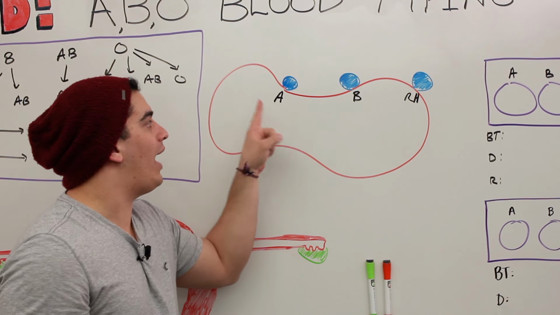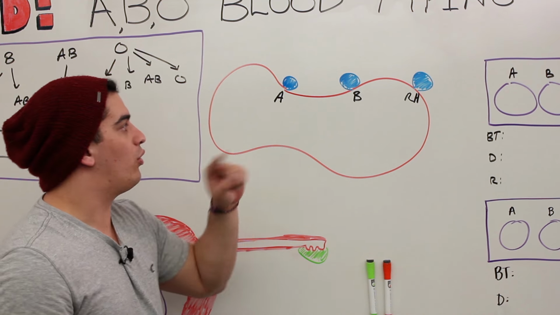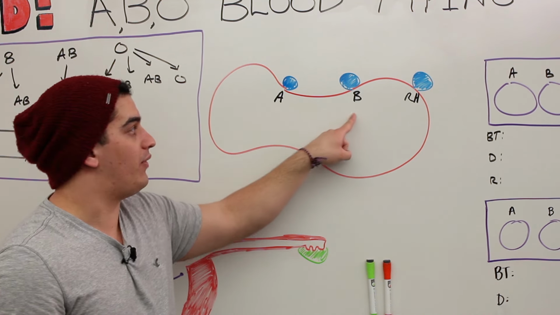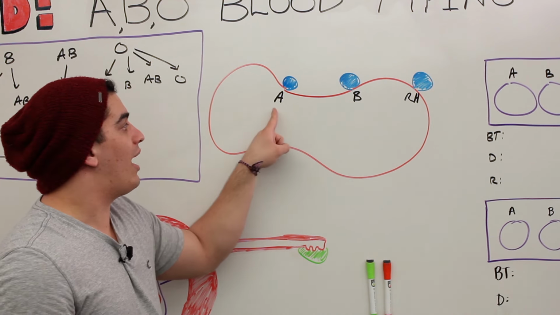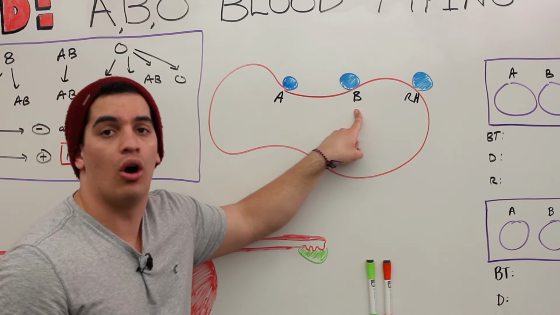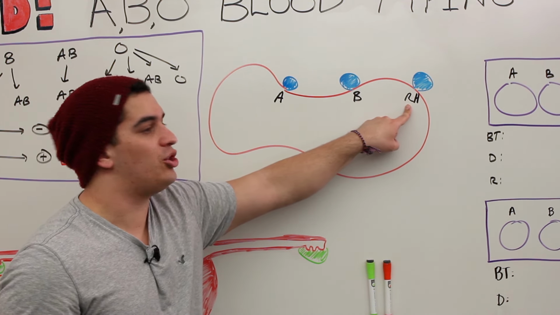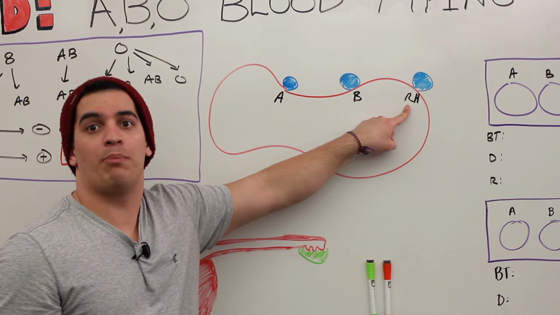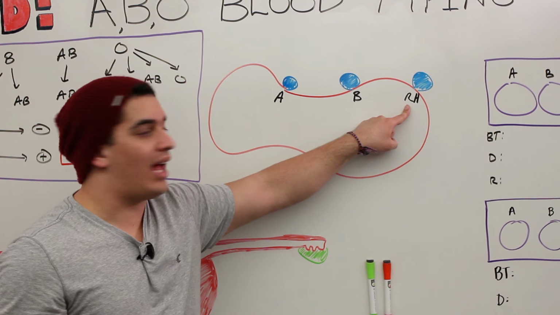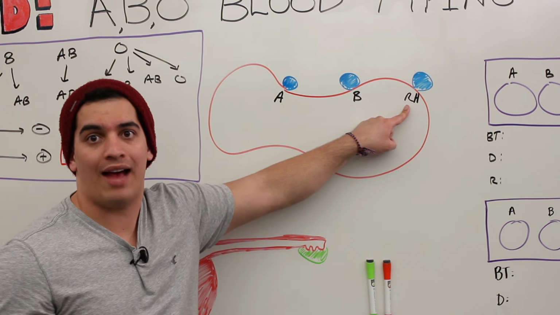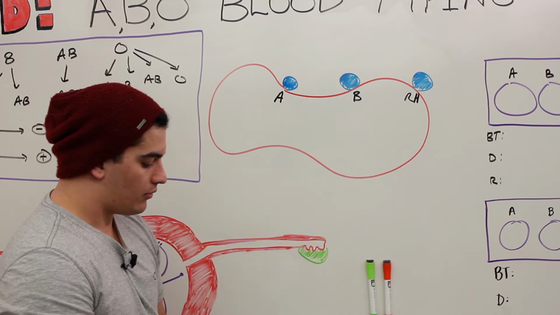If you have no A or B antigen, you're O. So again, real quick: if you have A, you're A blood; if you have B, you're B blood; if you have A and B, you're AB; and if you don't have A and you don't have B, you are O. Last thing, if you have the Rh antigen, that just says you have Rh, so you're positive for the Rh antigen. And if you don't have the Rh antigen, you're negative for it, so you're negative.